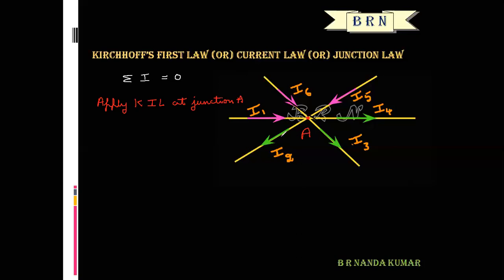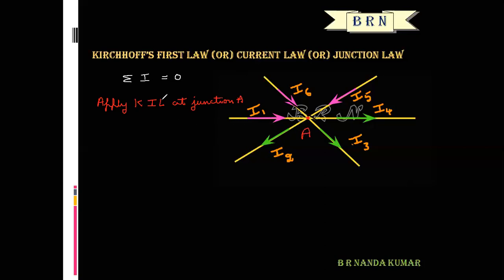This is actually the sign convention. Suppose the currents entering the junction are taken as negative; then the currents leaving the junction must be taken as positive.